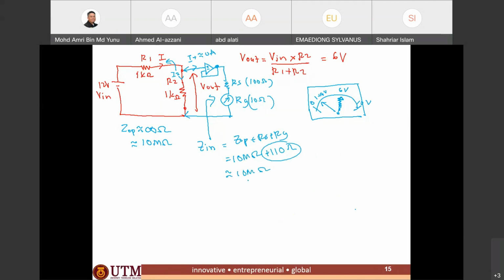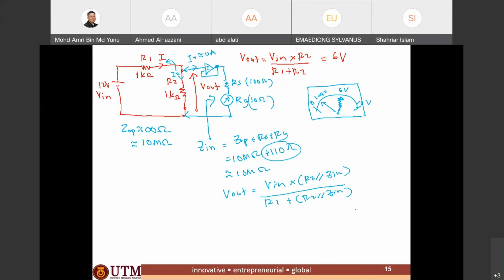Okay, so if you calculate the V output using the op amp or buffer here, your V out now will be V in multiplied by R2 parallel with Z in over R1 plus R2 parallel with Z in.